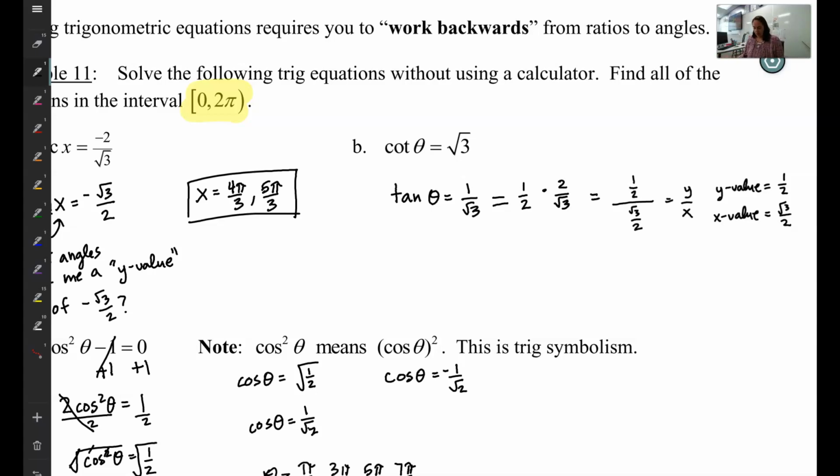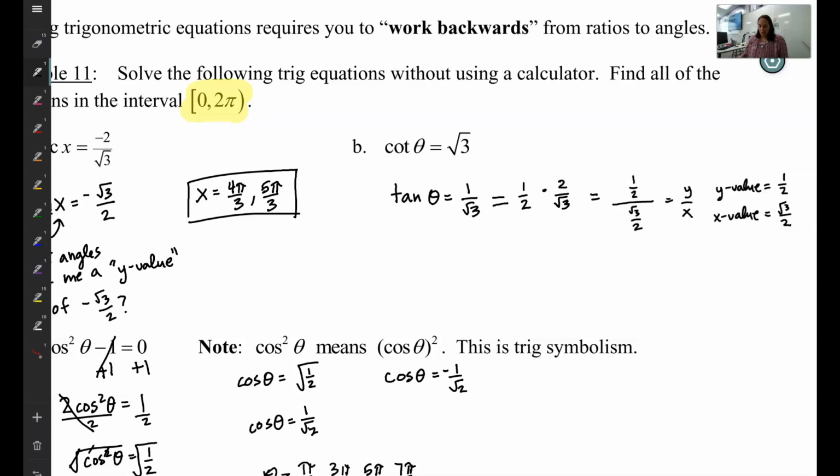I want a root 3 on the bottom, so I know that I can manipulate this 1 over root 3 as 1/2 times 2 over root 3. And that uses the points on the unit circle, because I can do the opposite of flip and multiply and get 1/2 over root 3 over 2. So it's a working backwards thing that takes a little bit of experience with trig and your unit circle.